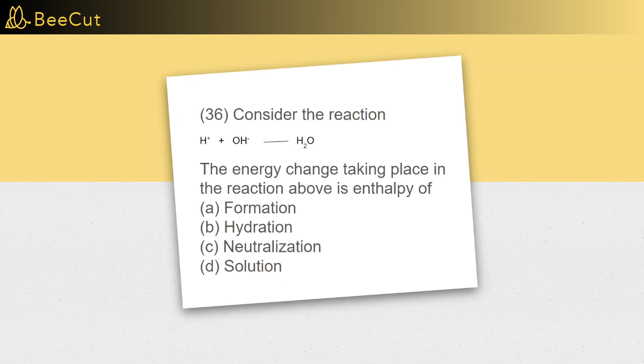The best option is C, enthalpy of neutralization. Neutralization is the reaction between an acid, which is the hydrogen ion, and a hydroxide group, that is a base, to form salt and water. C is the answer.